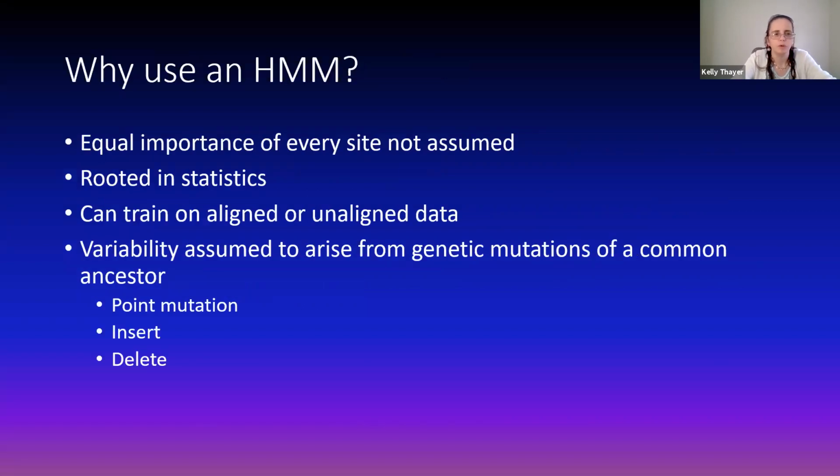Why should we use the hidden Markov model? Well, equal importance of every site is not assumed. What's really useful about this is that whatever you are choosing to do, you'll have a collection of features that you're going to express, and the position may determine what the probability of having those options are.